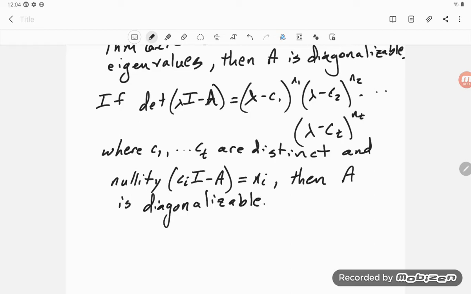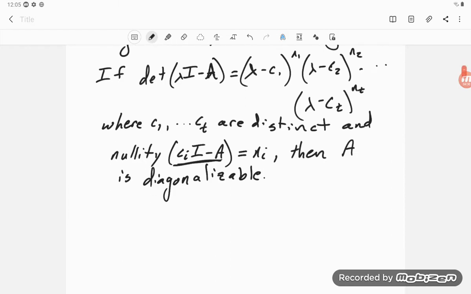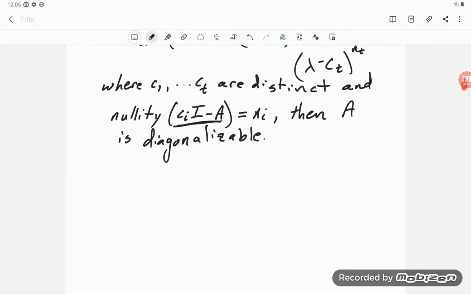Even when we have a multiplicity going, we can choose some independent vectors to make for the null space of this thing, so that we can still get the right number of eigenvectors and eigenvalues. Okay, and then the way we would write A in this case is, or if we took P inverse A P in this case, what we would have is what we call a block matrix.